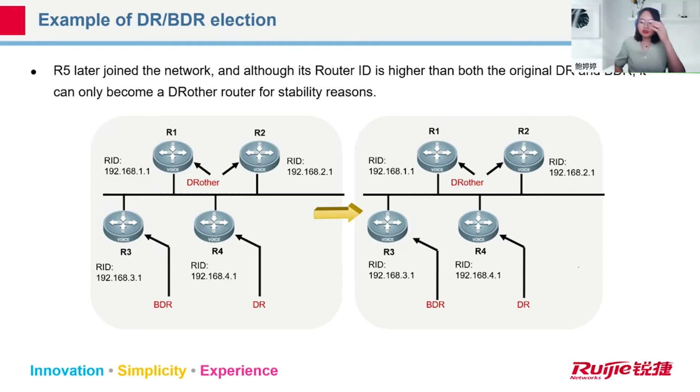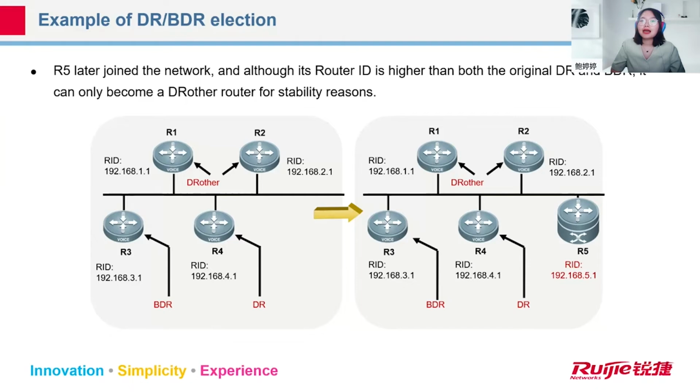And in the network, once we have selected all the roles, who is DR and who is BDR, we add a new device, route 5. The route ID of route 5 is 192.168.5.1. So can you show me the answer? What's the role of route 5?